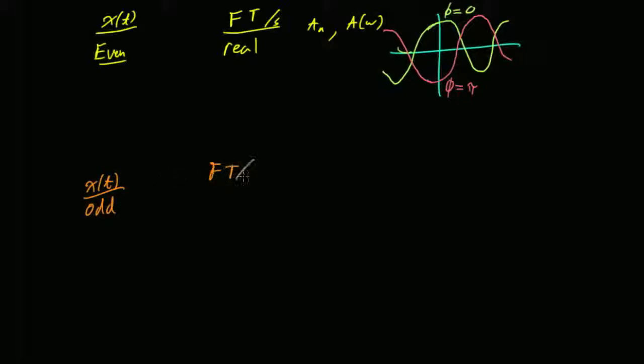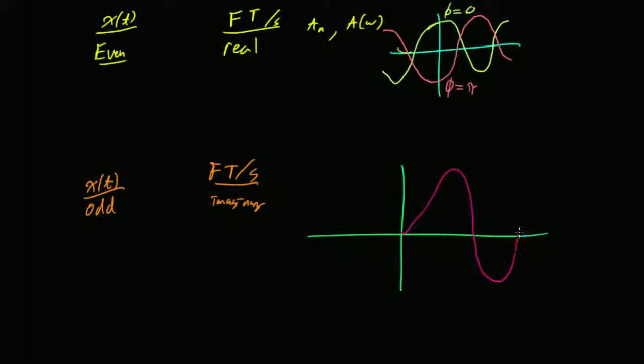If you're going to build an odd signal, you've got to build it out of either sinusoids, which have a phase shift of 90 degrees, or negative sinusoids, which have a phase shift of minus pi over 2. So e to the j pi over 2 is j, e to the minus j pi over 2 is negative j. So if you have an odd signal, it's going to be purely imaginary.